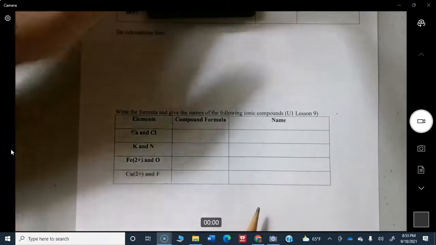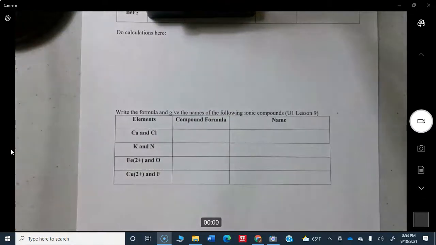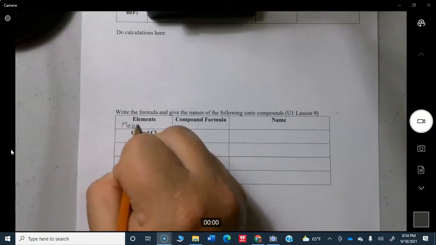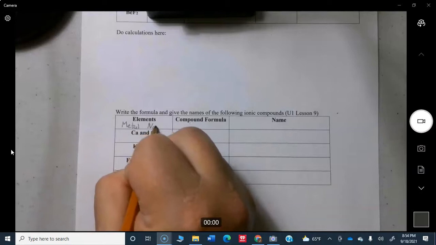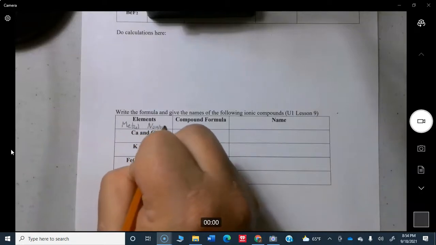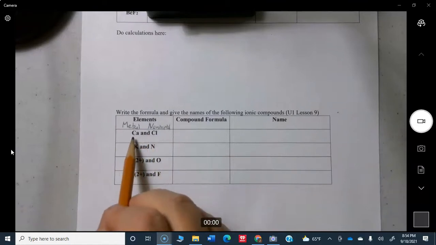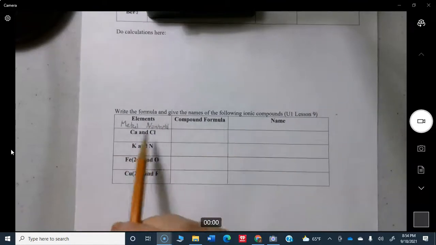Okay. Here's one that some students have had issues with. It's the naming of ionic compounds. So an ionic compound is a metal. The metal always comes first. And a nonmetal, that's a strong guy and a weak guy. And the nonmetal is going to take an electron or 2 or 3 away from the metal.